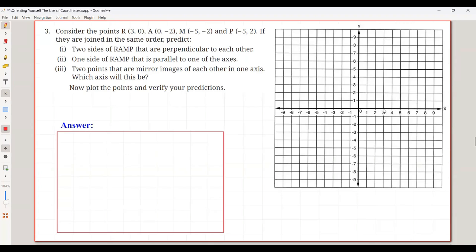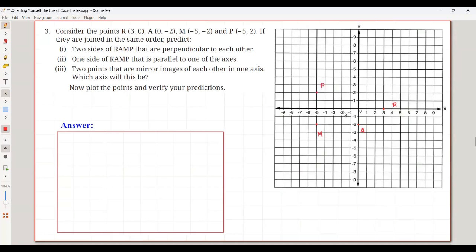Next A (0, -2). Next M (-5, -2). Next P (-5, 2).